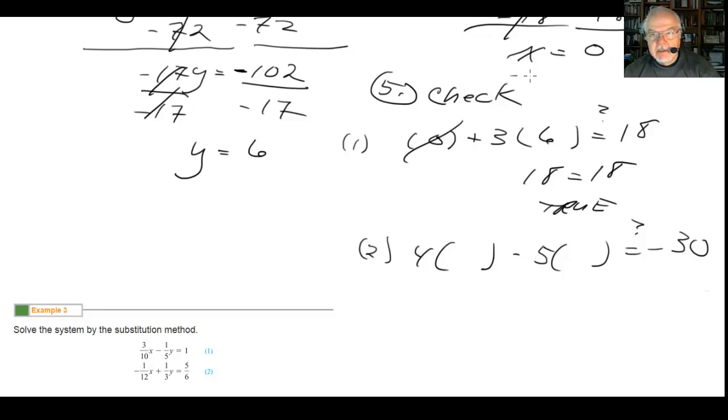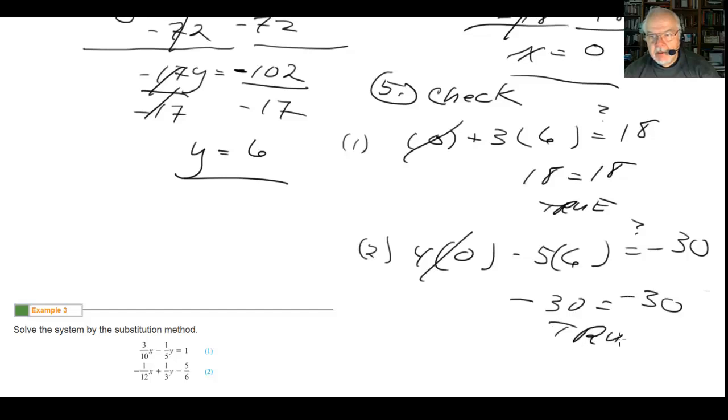Again, x is 0, so I put in a 0. y is 6. Put in a 6. 4 times 0 is 0. That goes away. Minus 5 times 6 is minus 30. And minus 30 equals minus 30. So this is true.